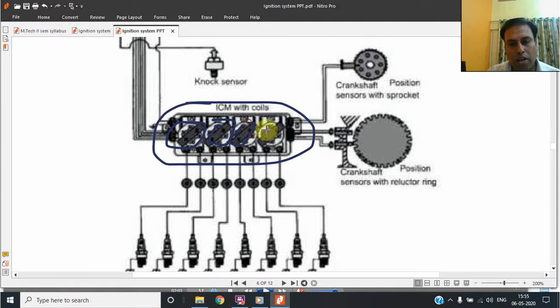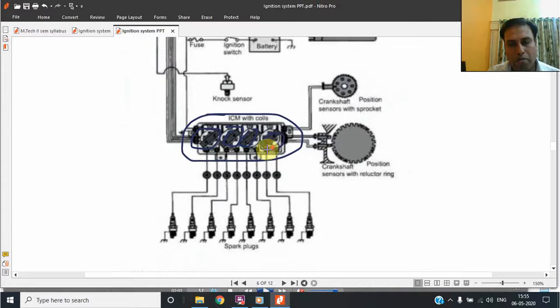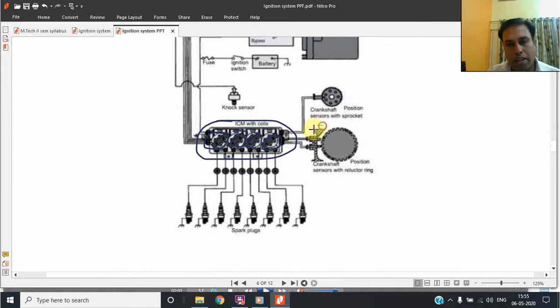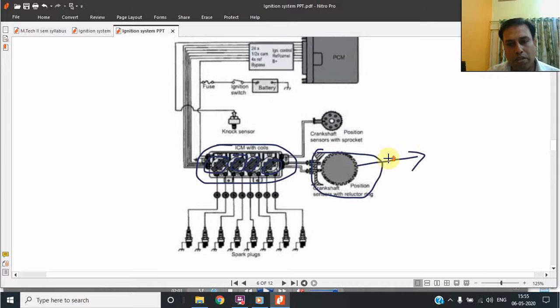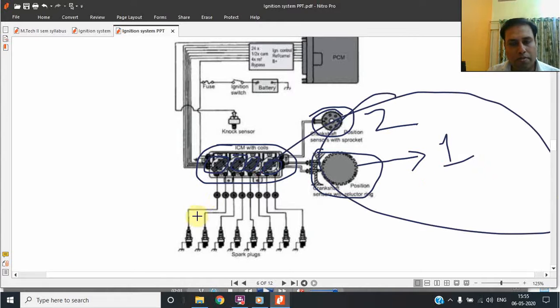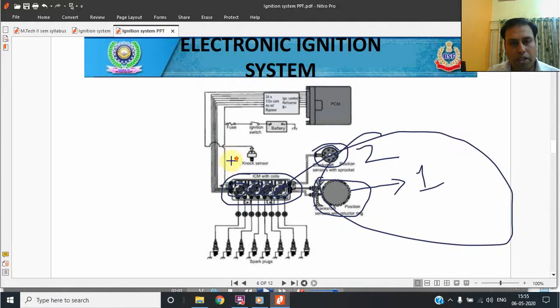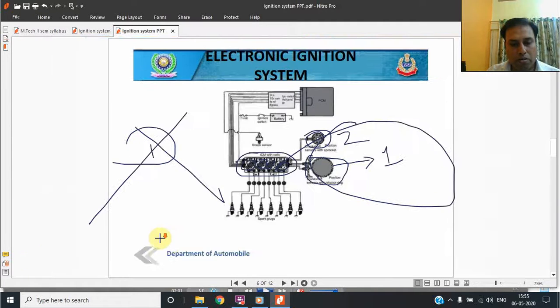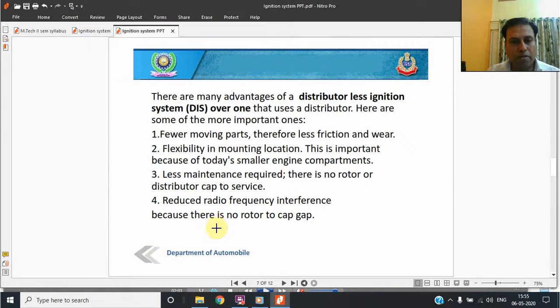So not individual, but the number of coils has increased. And this is the trigger sensor or crankshaft sensor they have used. This is the second sensor, the camshaft sensor. Two sensors they are using, and from these signals they have eliminated the distributor and the rotary parts also. So this is how it used to work.